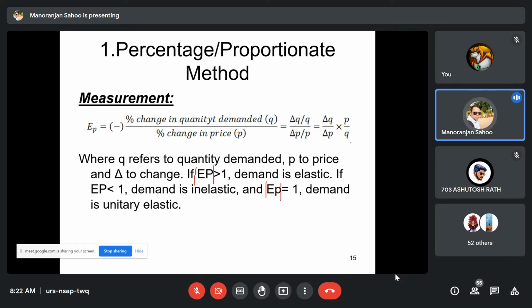By simplifying this formula, it will be delta q by delta p into p by q, where delta q is the change in the quantity demanded, delta p is the change in the price, p is the original price, and q is the original quantity.